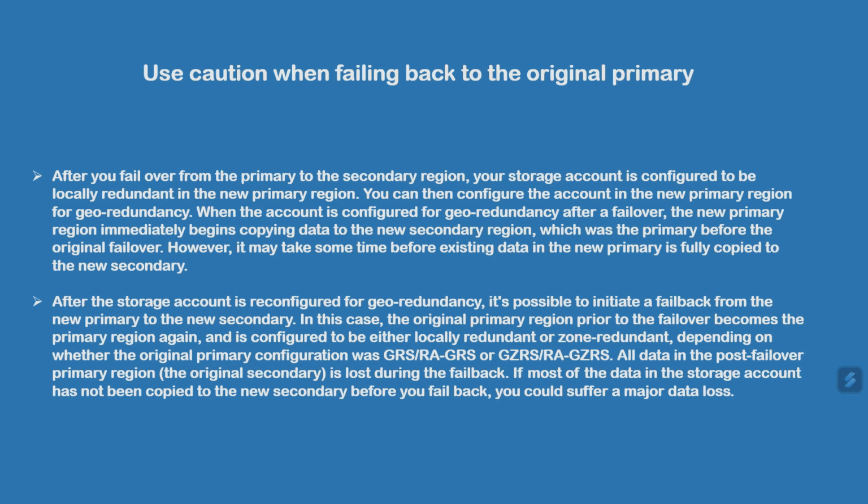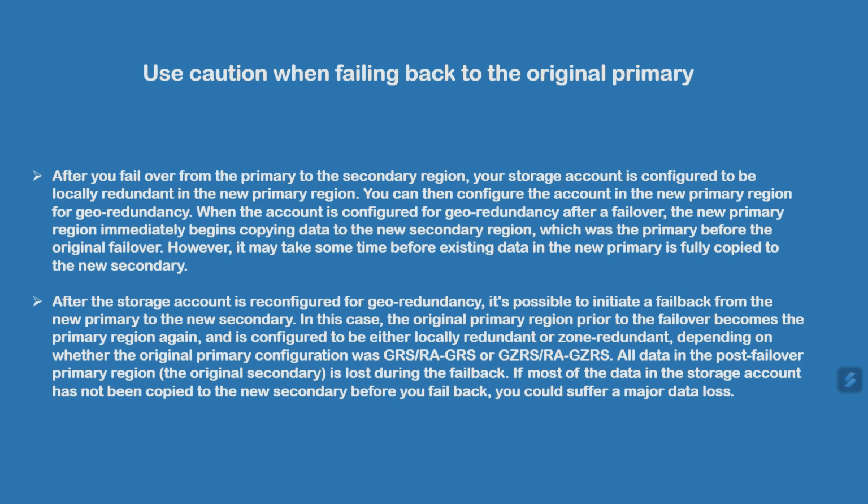So what is happening is that you are failing over twice, and the initial settings will be restored. That is, your primary region from earlier will again become primary. But this time around it will be either LRS or ZRS, depending on whether you configured it as GRS or GZRS.